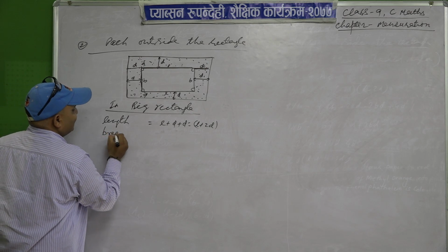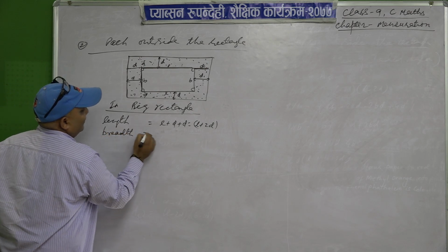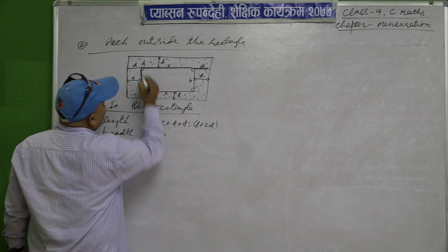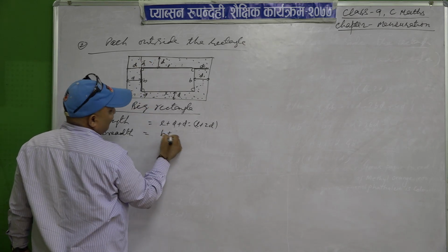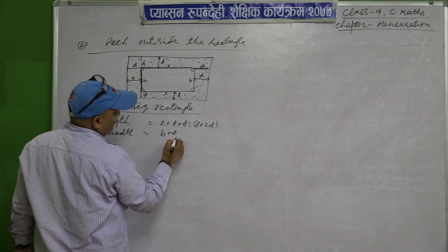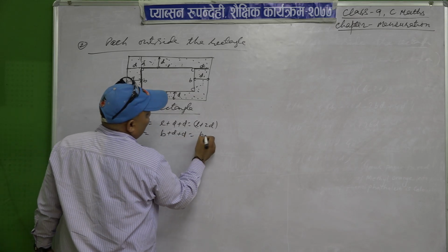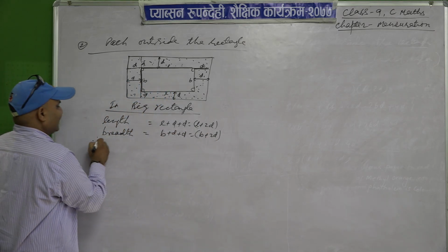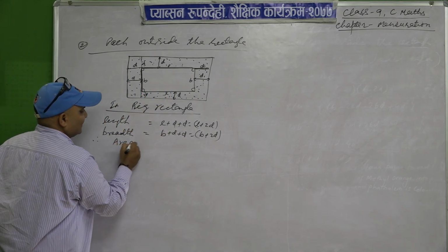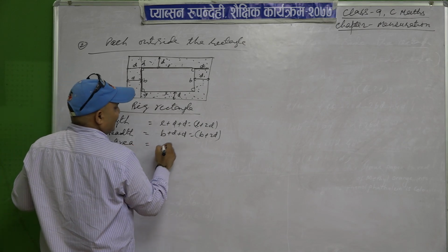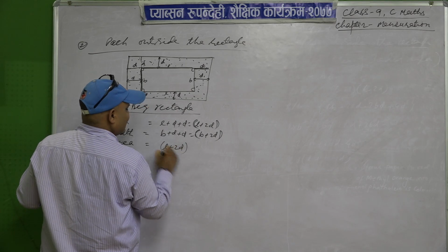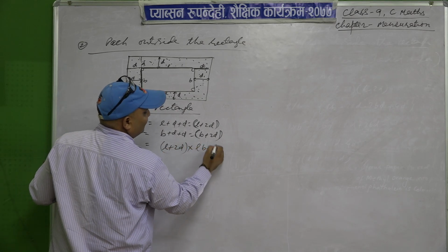Similarly for breadth, this part is B, this part is D and this part is also D, so it will be B plus 2D. Therefore the area of the big rectangle is equal to L plus 2D into B plus 2D.